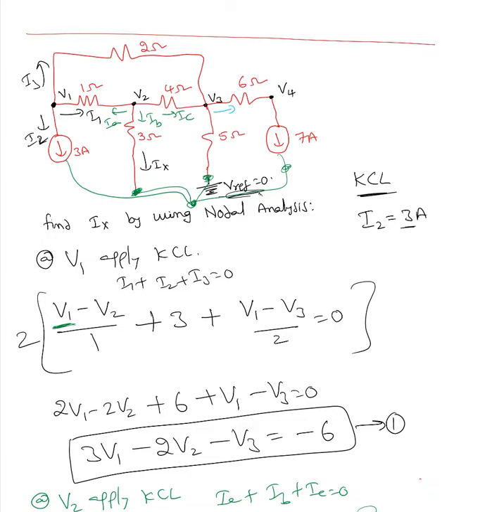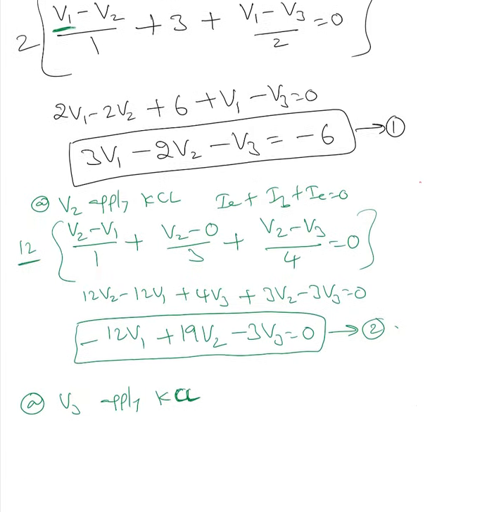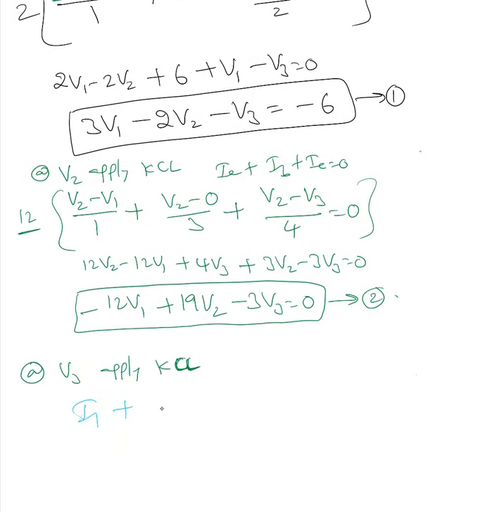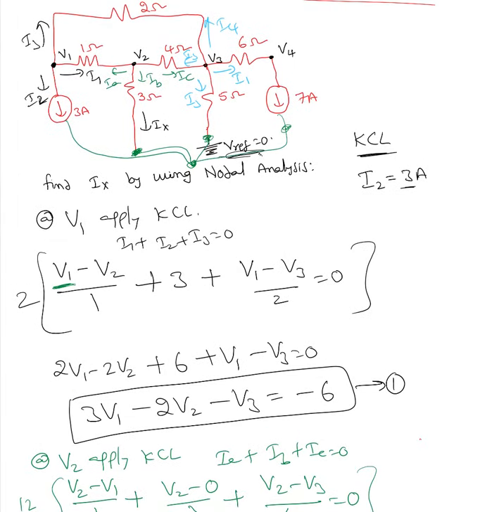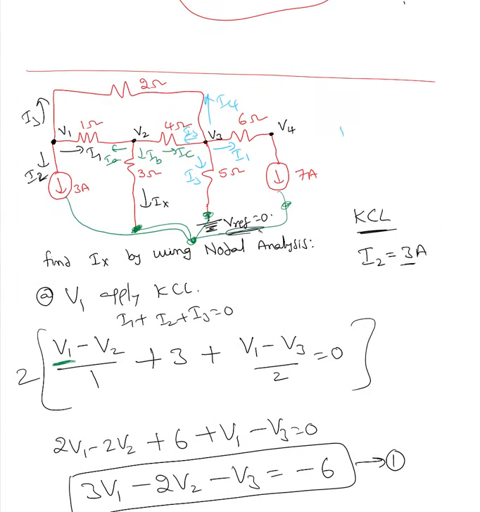I'm going to choose I1, I2, I3 and I4, all 4 currents going out. So I1 plus I2 plus I3 plus I4 equals 0. Now to write I1, I can write I1 equal to V3 minus V4 equal to 6. I can do that.